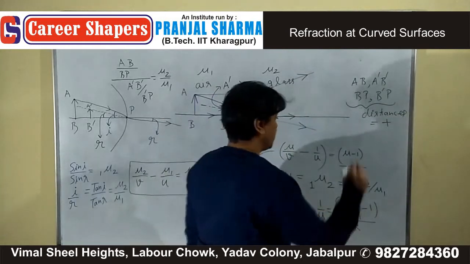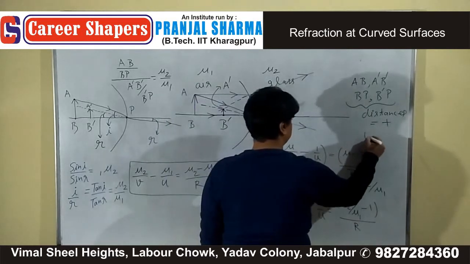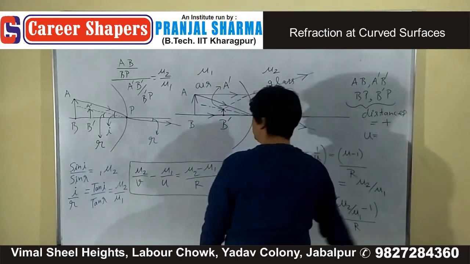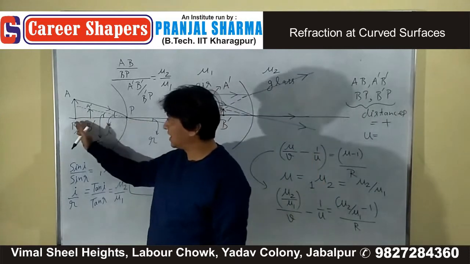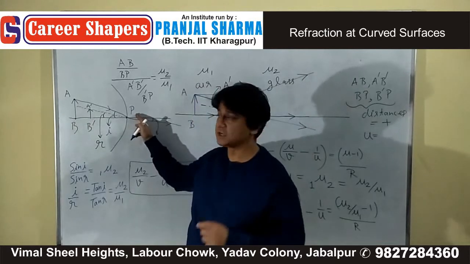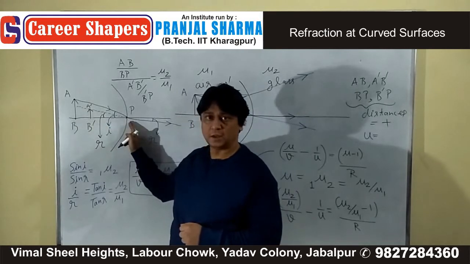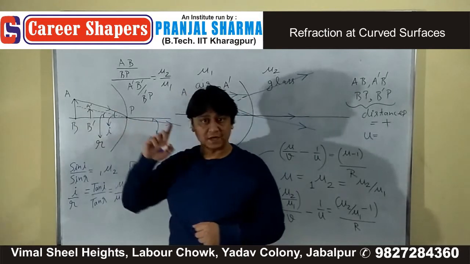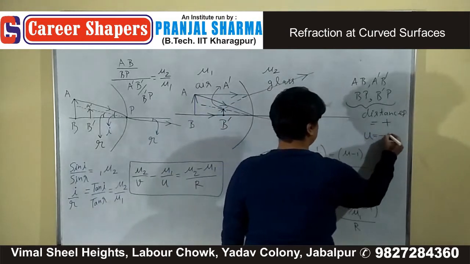But if I ask you what is u, then u is taken with proper sign. The object is on the left side of the origin, and this optical center is considered what? Origin, and therefore BP, which is on the left side, as a distance is positive, but u is minus of BP.